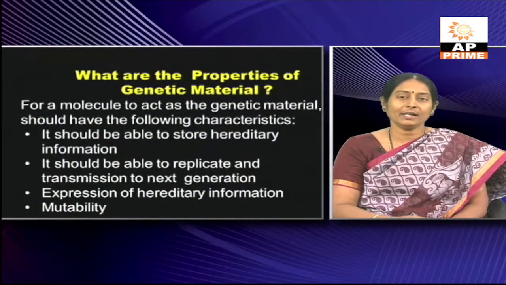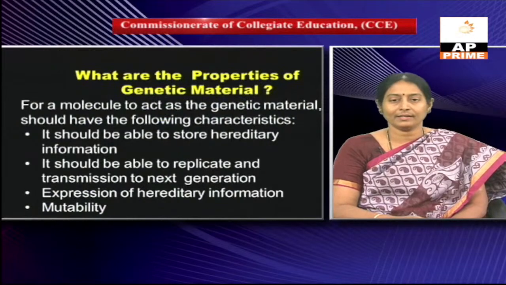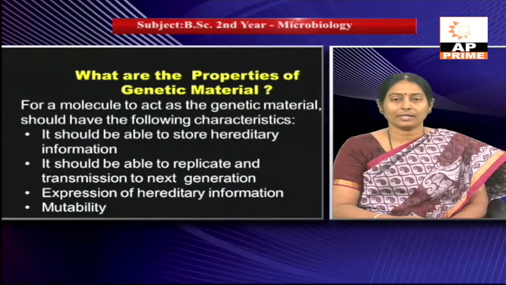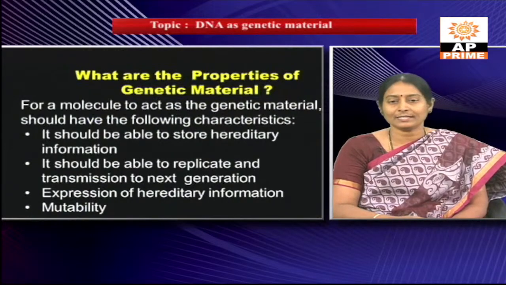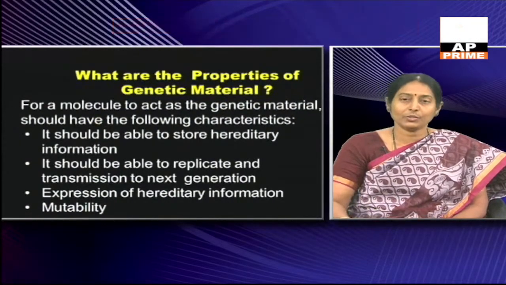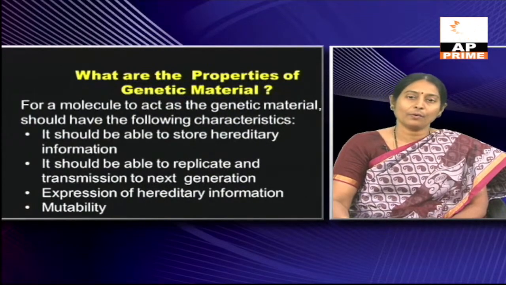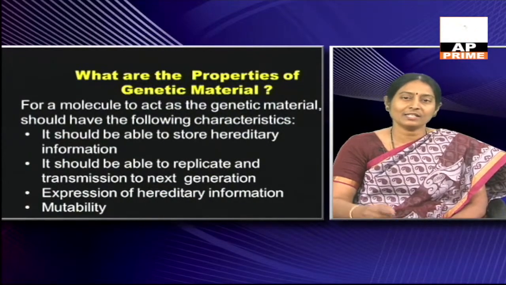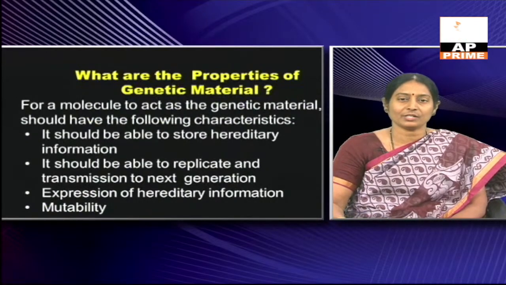The hereditary information must be there in the structure of the genetic material. It should undergo replication. It should be able to express itself through the formation of specific biomolecules, and it should be able to undergo mutations, and such a change should be stably inherited by the next generations.